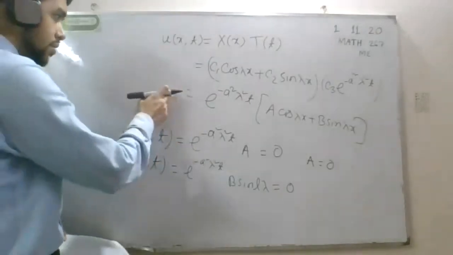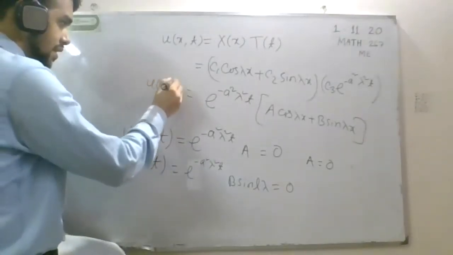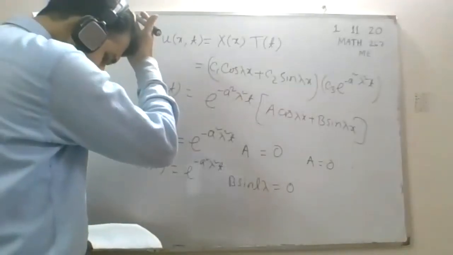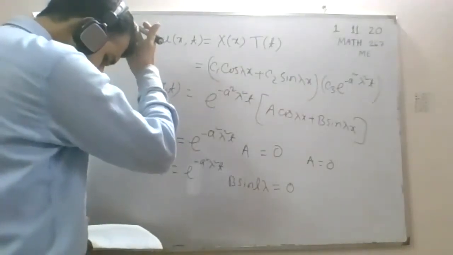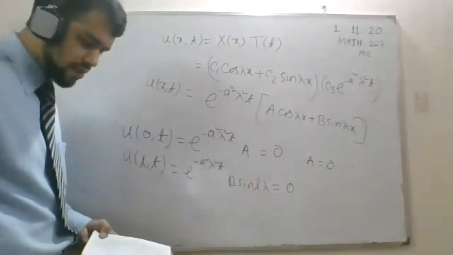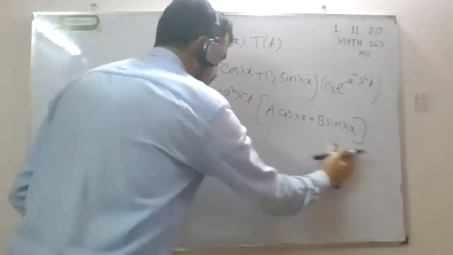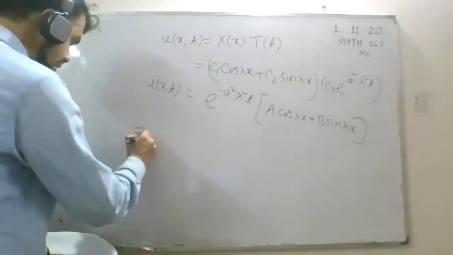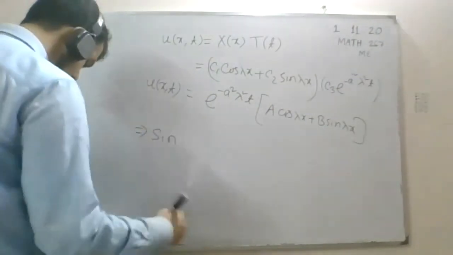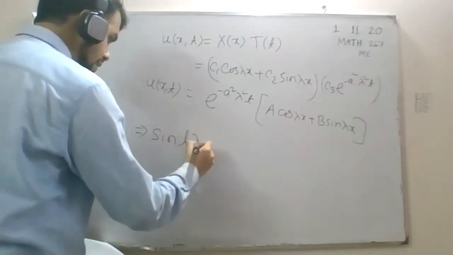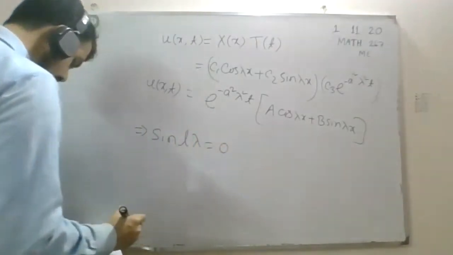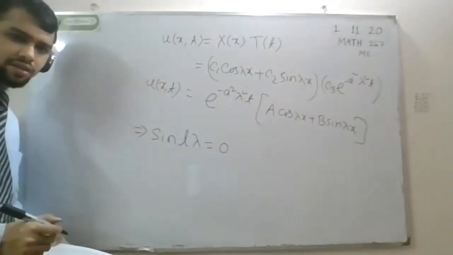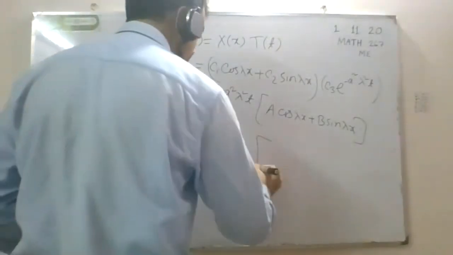So if you put u(l, t) in here, you can get the result which equals 0. And after that you can say from here sin l lambda equals 0, as e to the power minus a square lambda square t is not equal to 0.